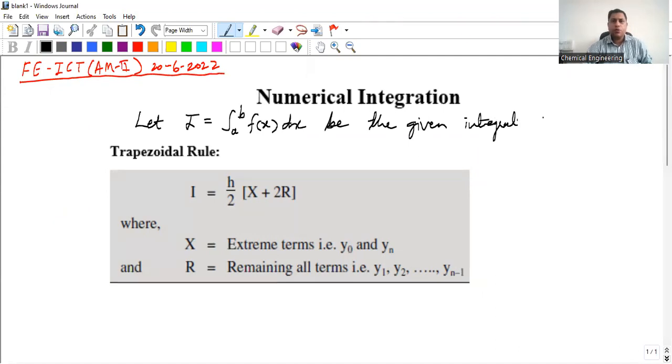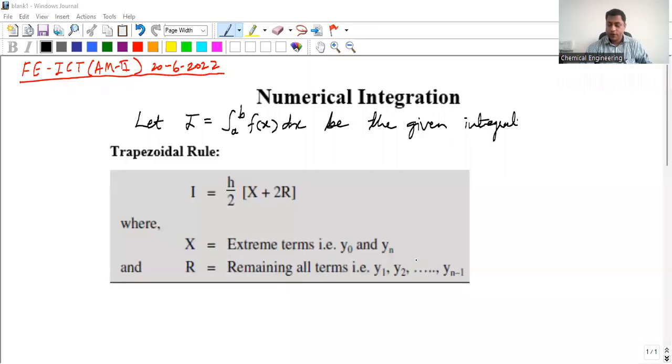In the trapezoidal rule, as we have seen, there is no restriction on the number of subintervals. Here n is the number of subintervals, so there is no restriction.